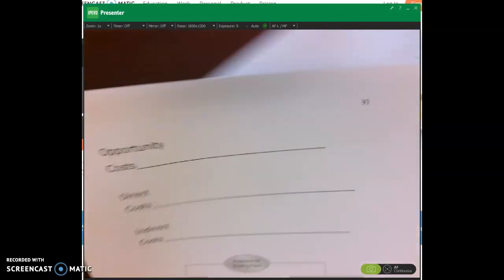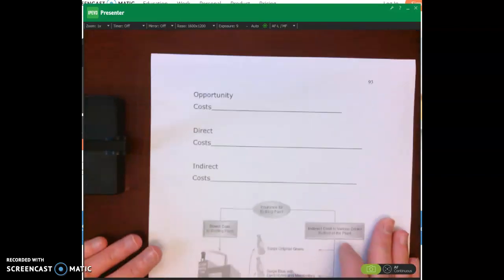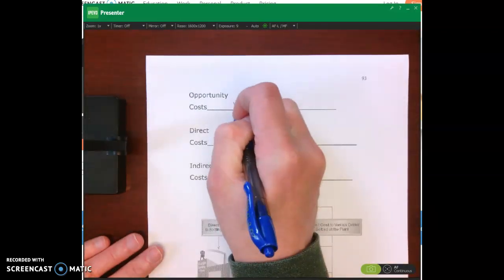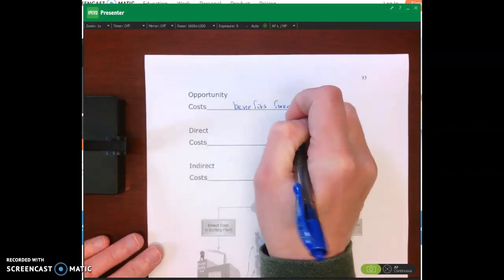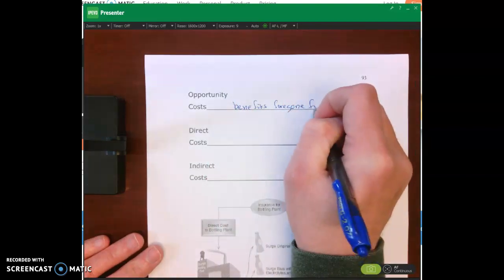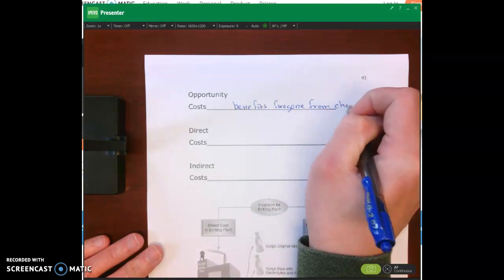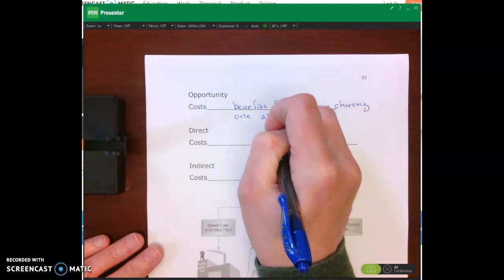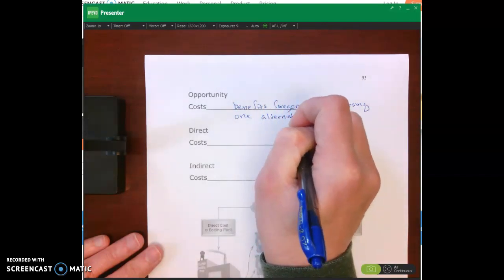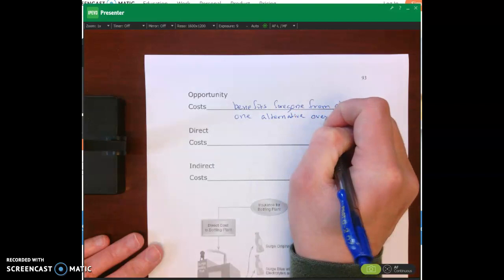Let's talk about opportunity costs. So opportunity costs are the benefits foregone from choosing one alternative over another.